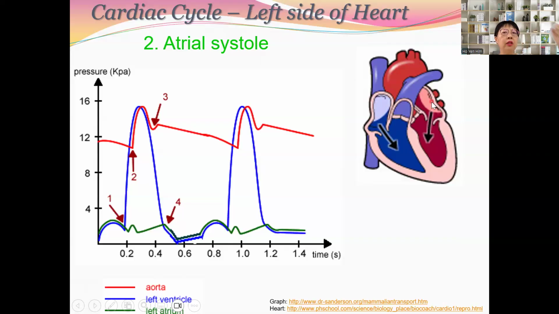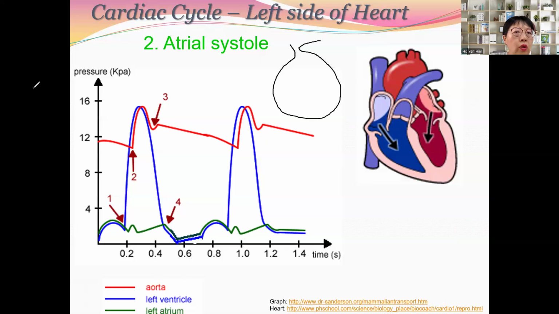So when the atrium contracts, it will squeeze the remainder of the blood from the atrium into the ventricle. So when it squeezes the atrium, what happens? Imagine that you're holding a bag filled with water. So I'm going to draw the bag here.